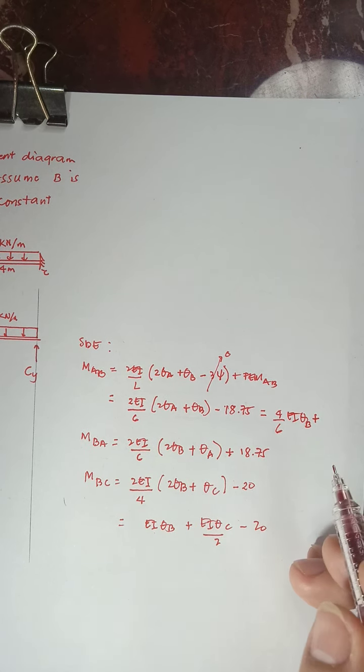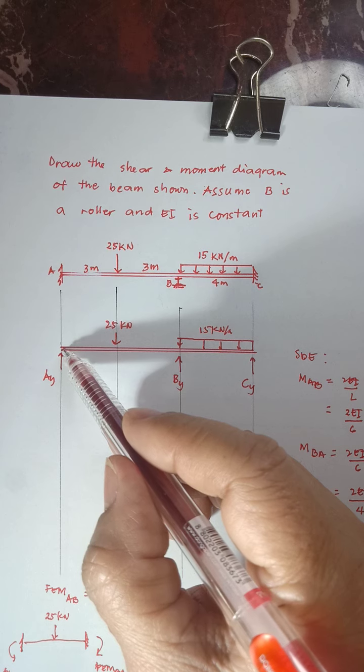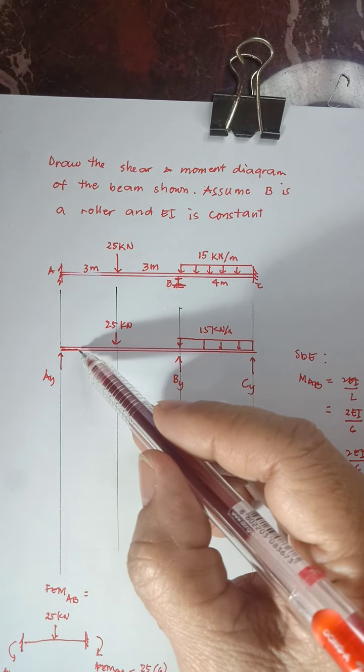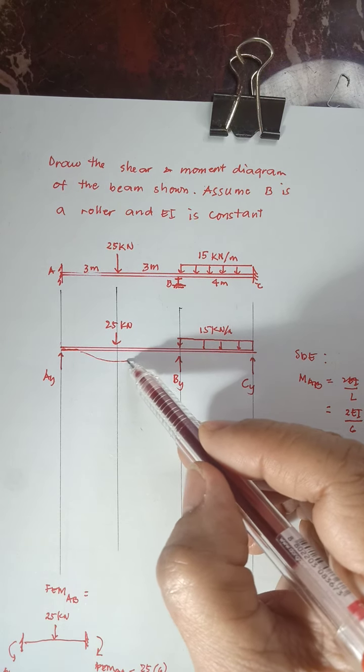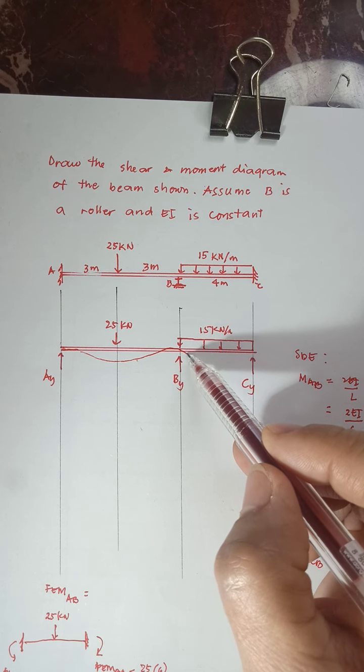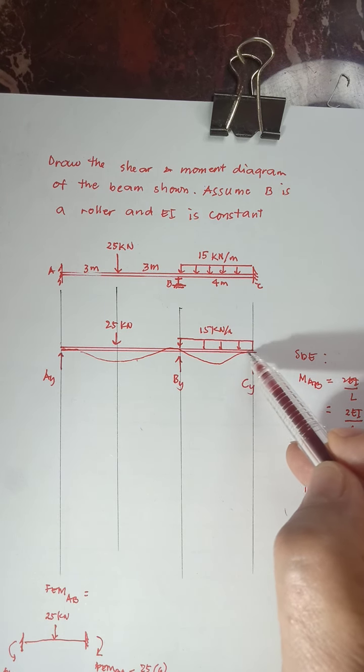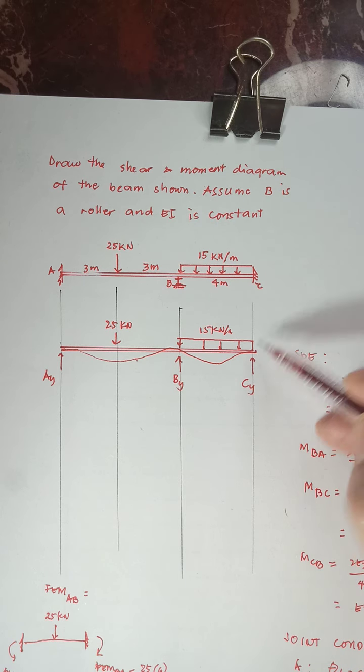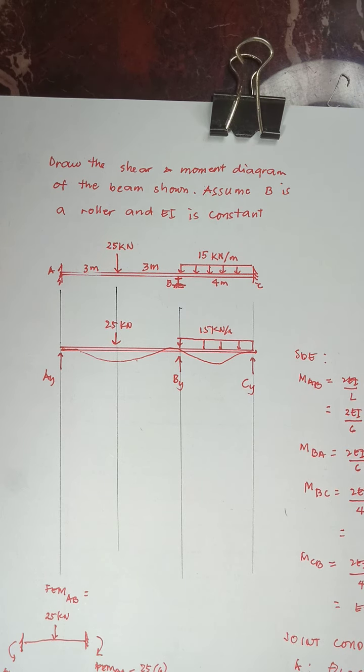Okay, at joint B, that is a roller. So kung ato siyang himuan og elastic curve, fixed man eh. Fixed man po ni dire, so 0 pod ang iyang slope.